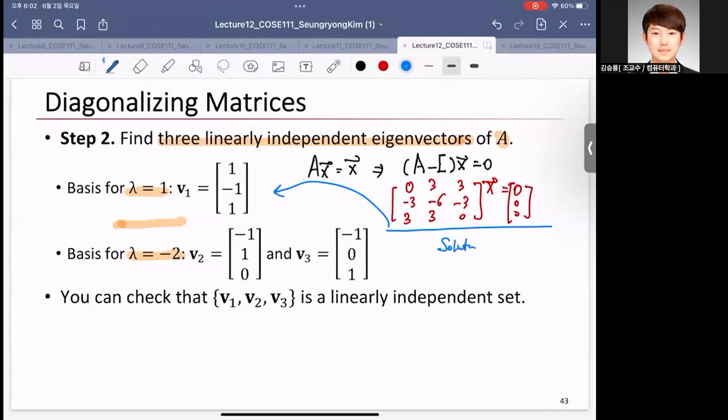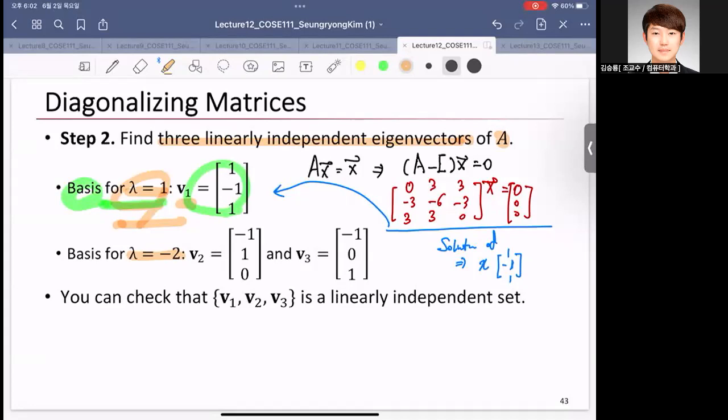So the solution of this system is going to be, for example, x times 1, negative 1, 1. So a basis for lambda equal to 1 is 1, negative 1, 1. Let's just say that this is one of the eigenvectors corresponding to lambda equal to 1.